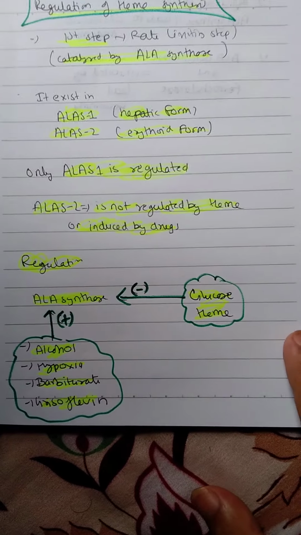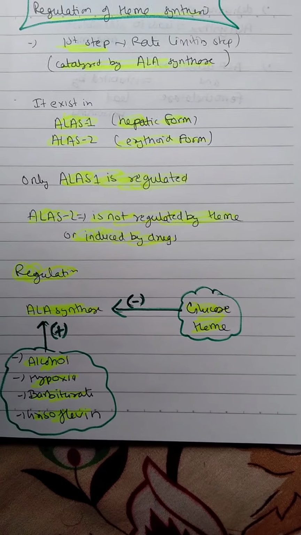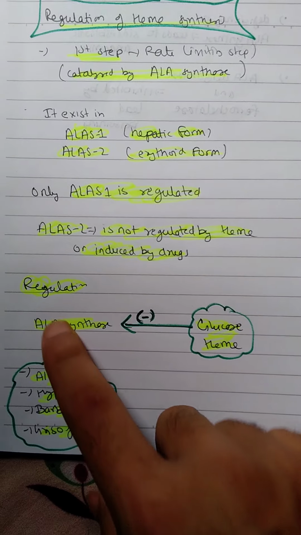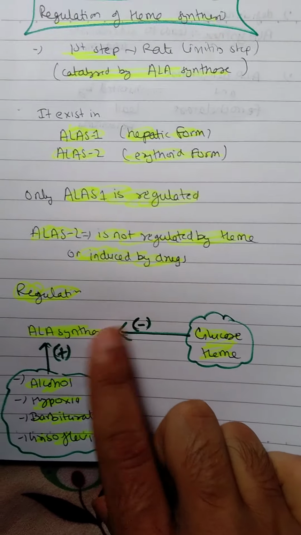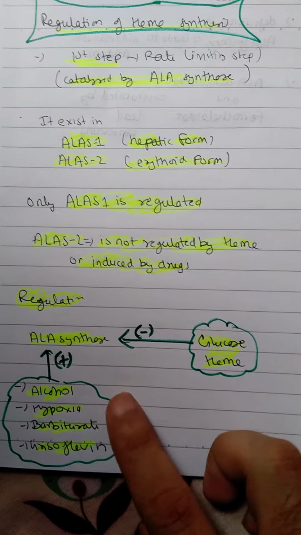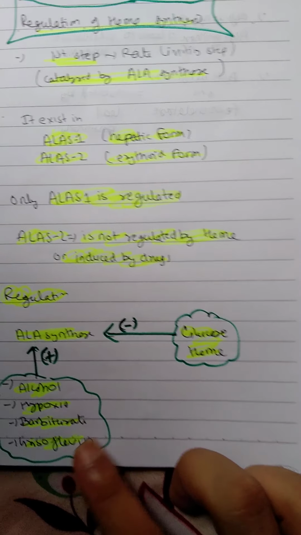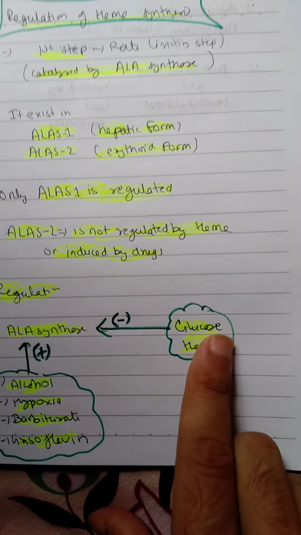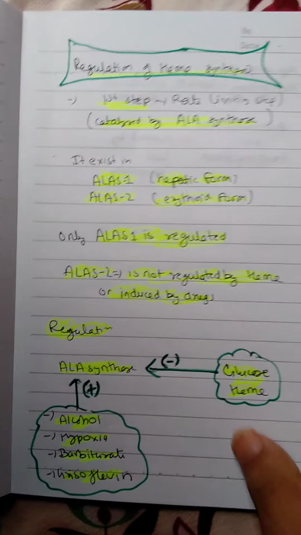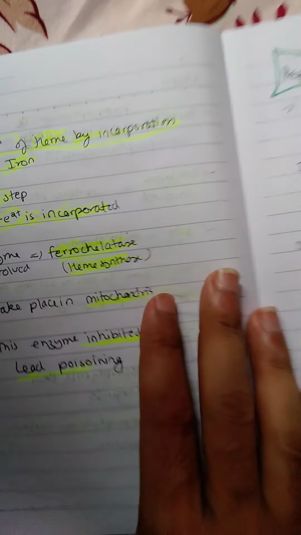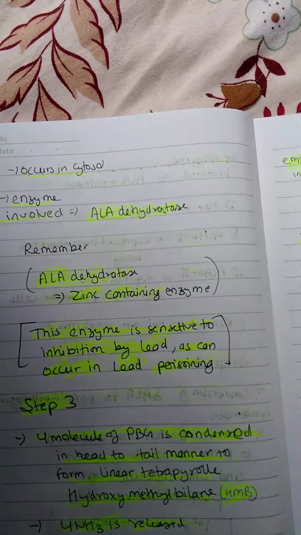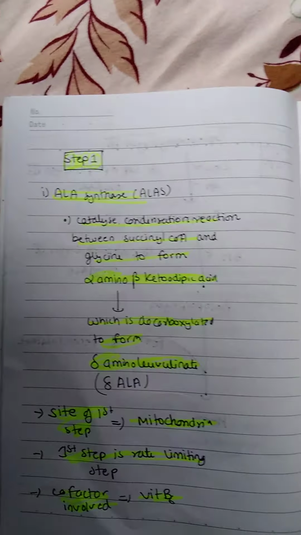Regulation is shown below. The things that induce ALA synthase are alcohol, hypoxia, and drugs like barbiturates and griseofulvin. What inhibit ALA synthase are glucose and heme. So it's all about heme synthesis. You should know the important intermediates and important reactions, rate limiting reactions.